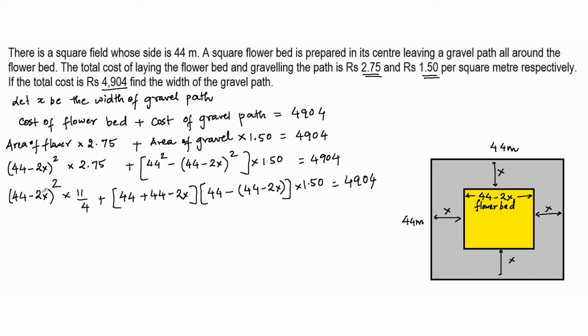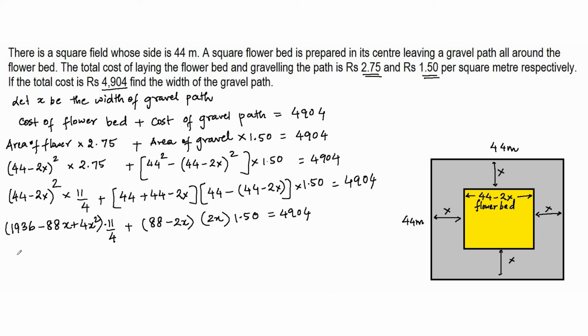Now of course I can expand this particular term. So this is a minus b the whole square. So 44 square is 1936 minus 2ab, that's 88x, plus 4x square, multiplied by 11 by 4, plus this becomes 88 minus 2x multiplied by 44 minus 44 is 0 and 2x times 1.50 is equal to 4,904.